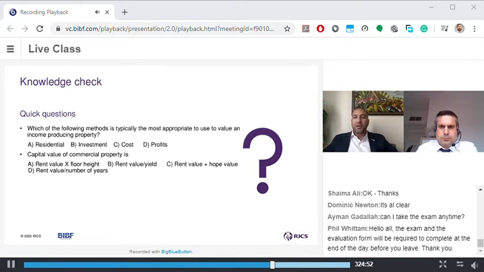Which of the following methods is typically the most appropriate to use to value an income-producing property? What do you guys think? Okay, so I'm getting some answers back.